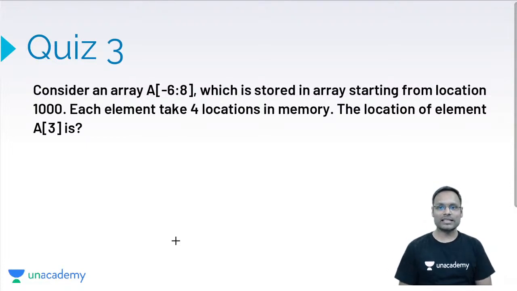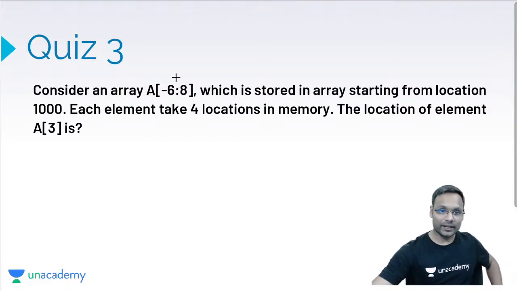Now, this is the quiz number 3. Of course, you will take a little extra time here, but of course, you will be able to solve this question definitely. Consider an array A of minus 6 to 8, which is stored in the memory starting from location 1000. Each element takes 4 locations.